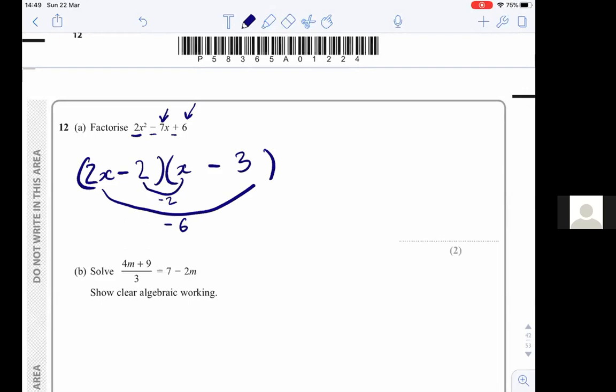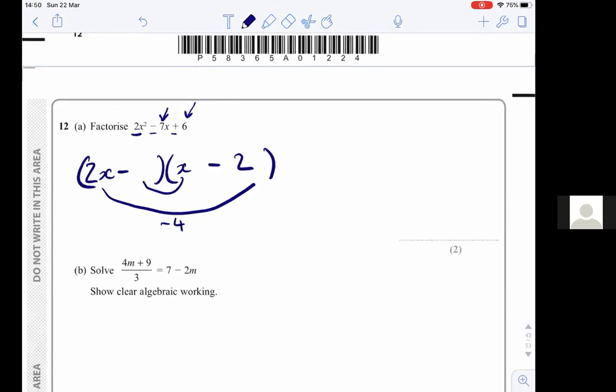That's actually still not right, is it? That's minus 8 rather than minus 7. But what happens if I try it the other way around? So if I had 2 over here, then this is going to be 2 times 2 minus 4, and 3 over here minus 3. That now does give me that minus 7. So this is going to factorize to 2x minus 3, x minus 2.